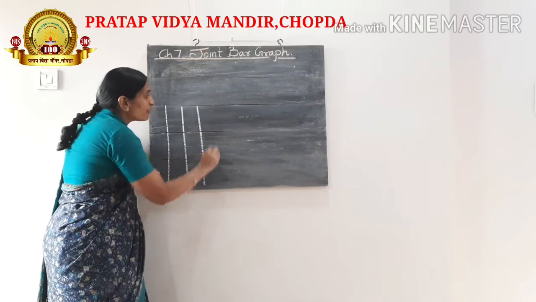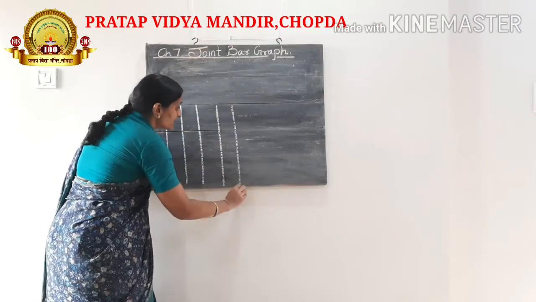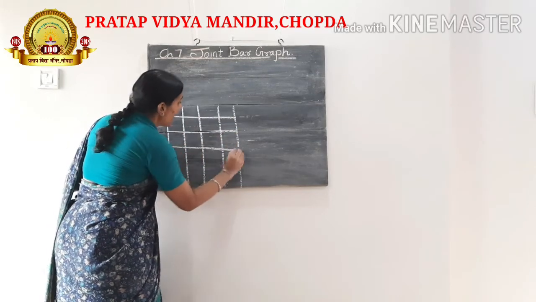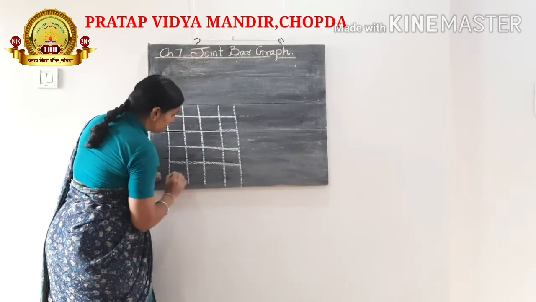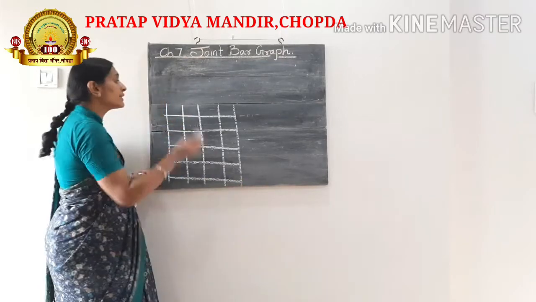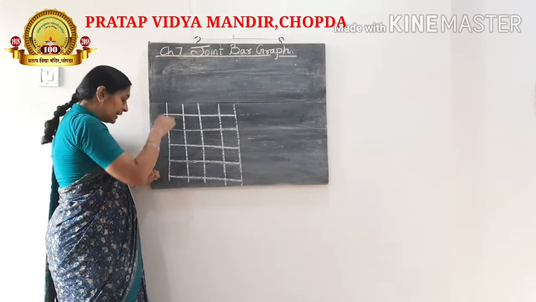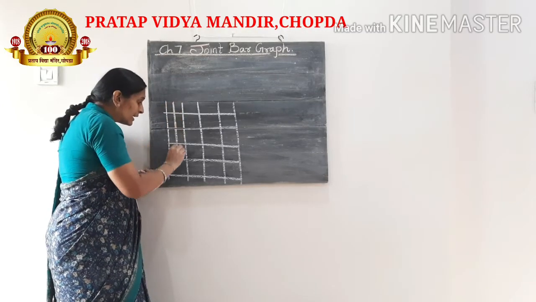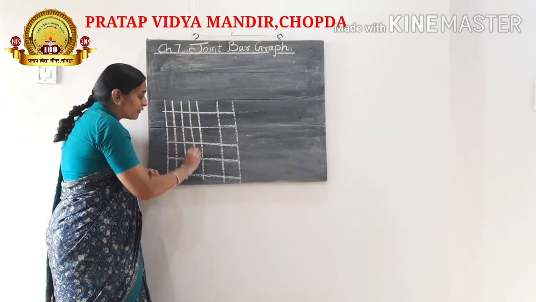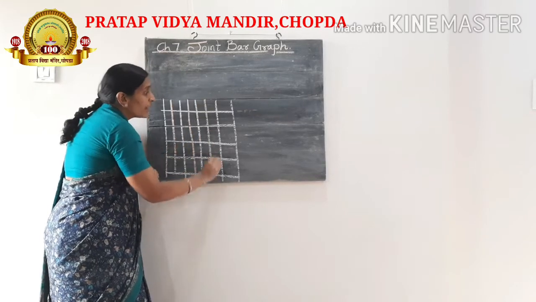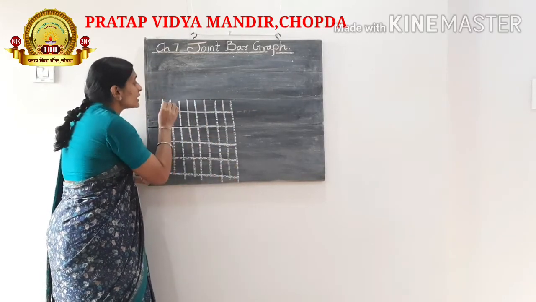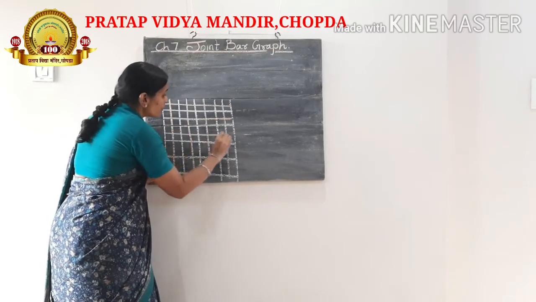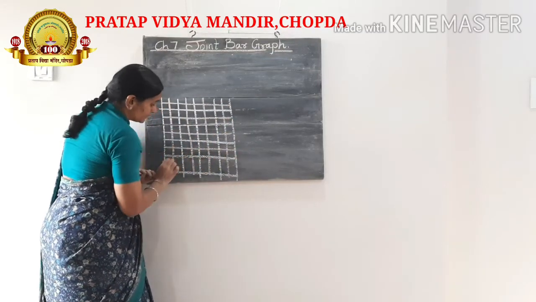This 1 centimeter square is further divided by a little darker line into 5 centimeter squares, which are further divided into 5 squares.